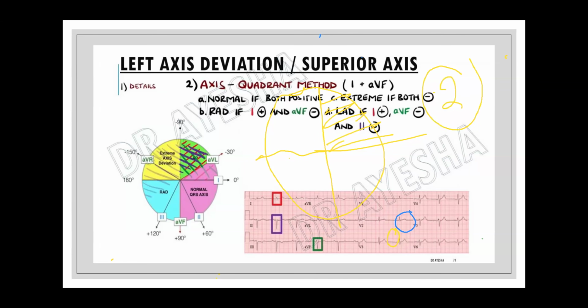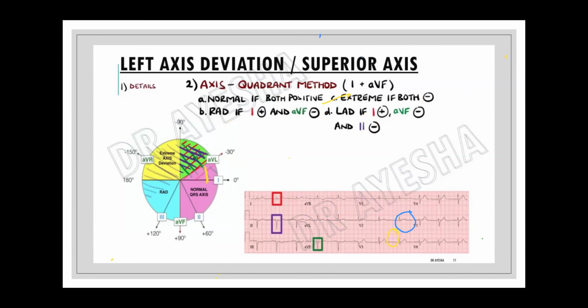The pink shaded area from 0 to -30 has a normal value, and from -30 to -90 it is left axis. Okay, so in this area you have a confusion. So first we start, then we solve this confusion as well.